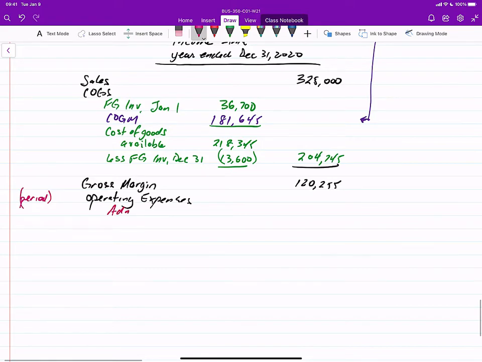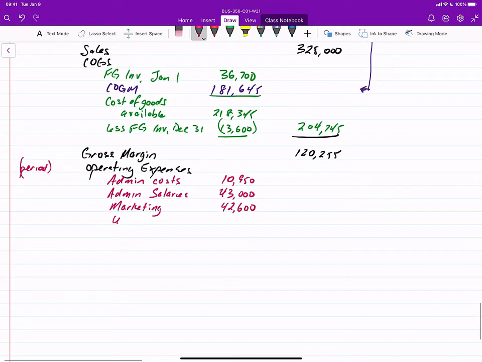So we have the administrative costs, which were $10,950. And then we have the admin salaries, which were $43,000. There's marketing, which is $42,600. And then we have utilities, which was that other 30%, 31,600 times 30%. So that's 9,480. We had amortization. The total was 37,500. The administrative part of that is 20%.